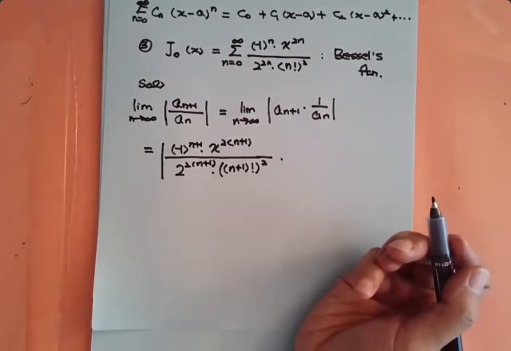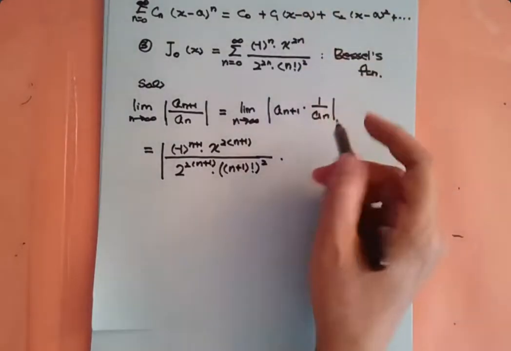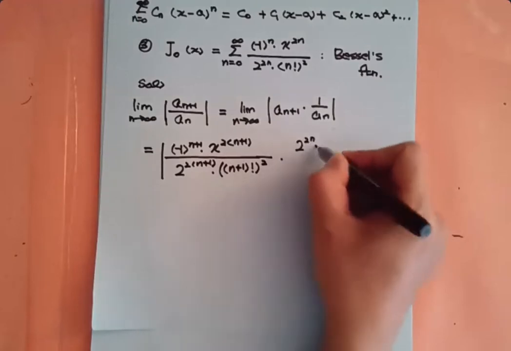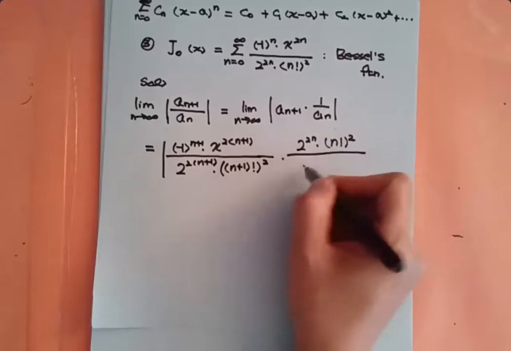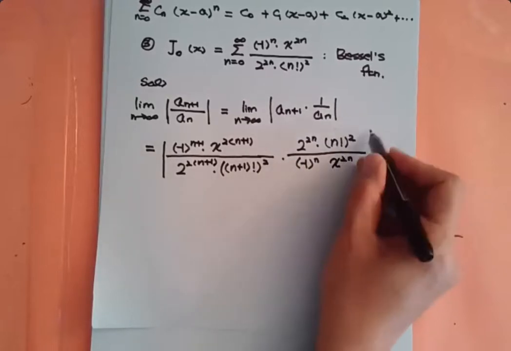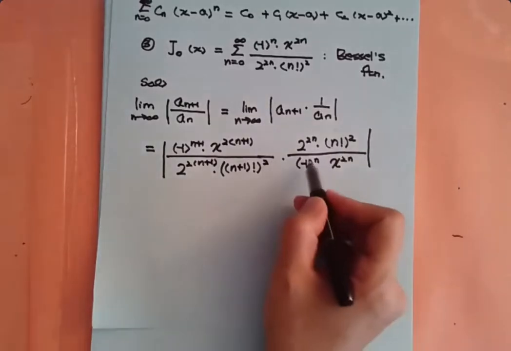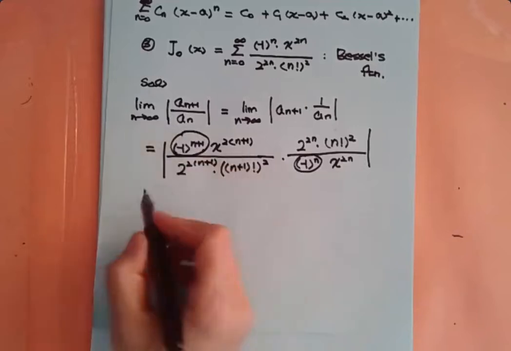And then we have 1 over a(n), so we flip it: 2 to the 2n power times n factorial squared over (minus 1) to the n power times x to the 2n power. We are thinking about the absolute value, so we can ignore the minus 1 to the something power.